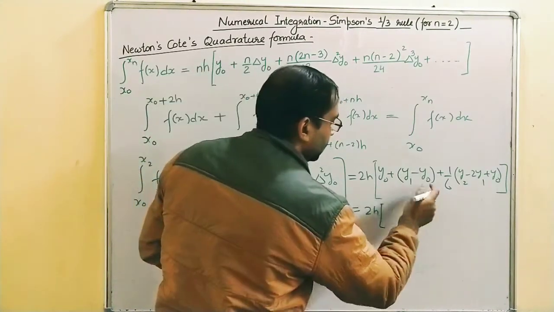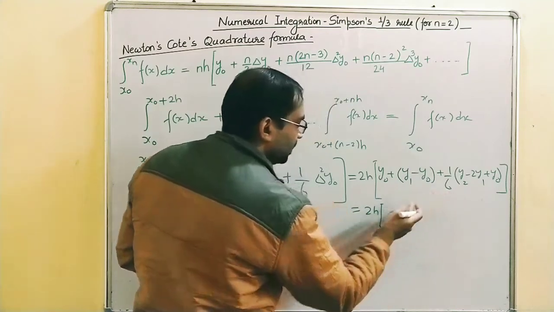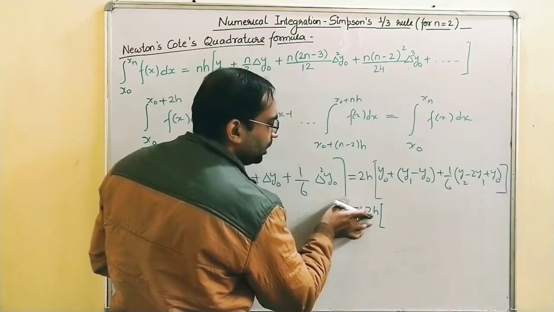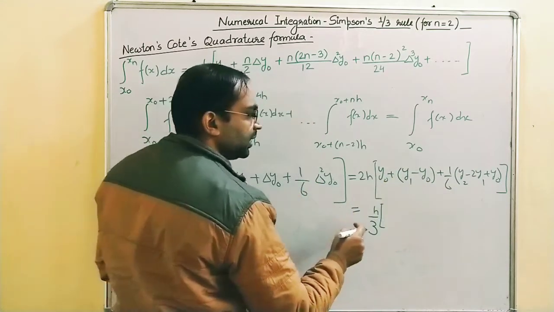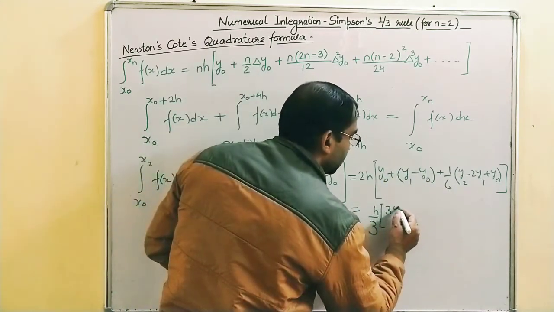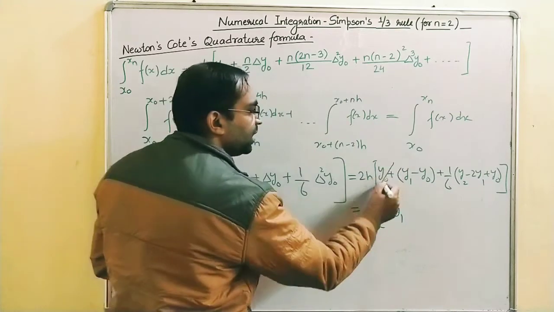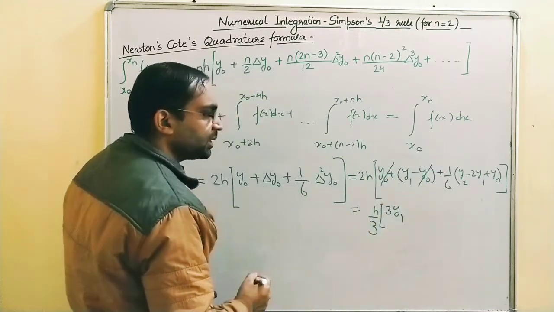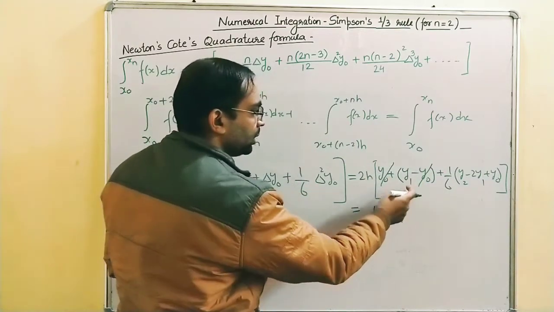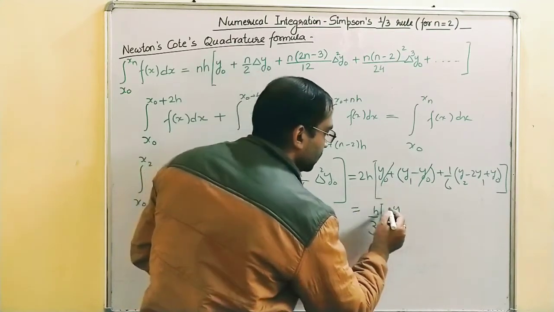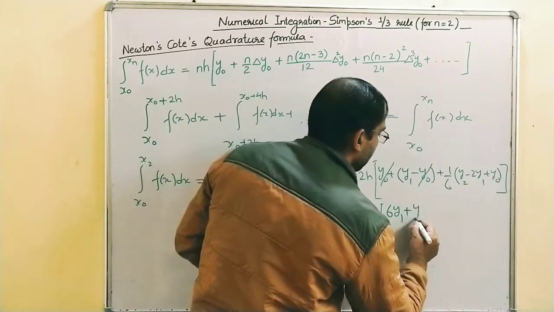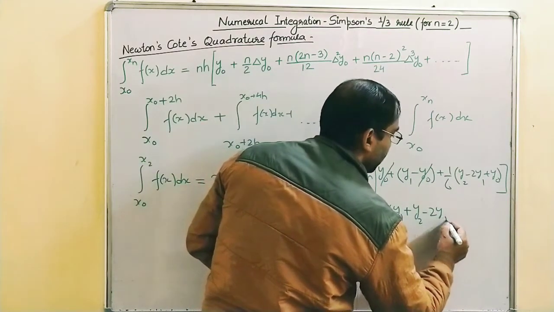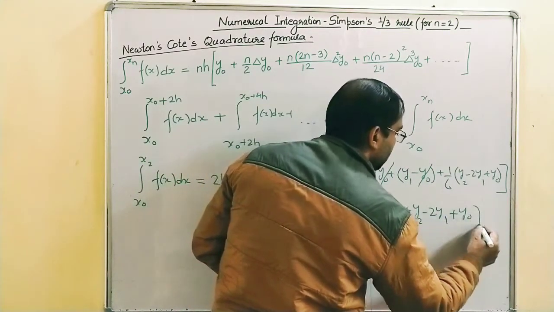Now we will solve this, and this will be 2h, and the minus y0 will cancel out the y0 from here. So we can keep this 6 out. So this will be 1 upon 3, and 6 will be in the LCM. So this will be 3y1, as y0 and minus y0 will be cancelled out. So this will be 6y1 plus y2 minus 2y1 plus y0.